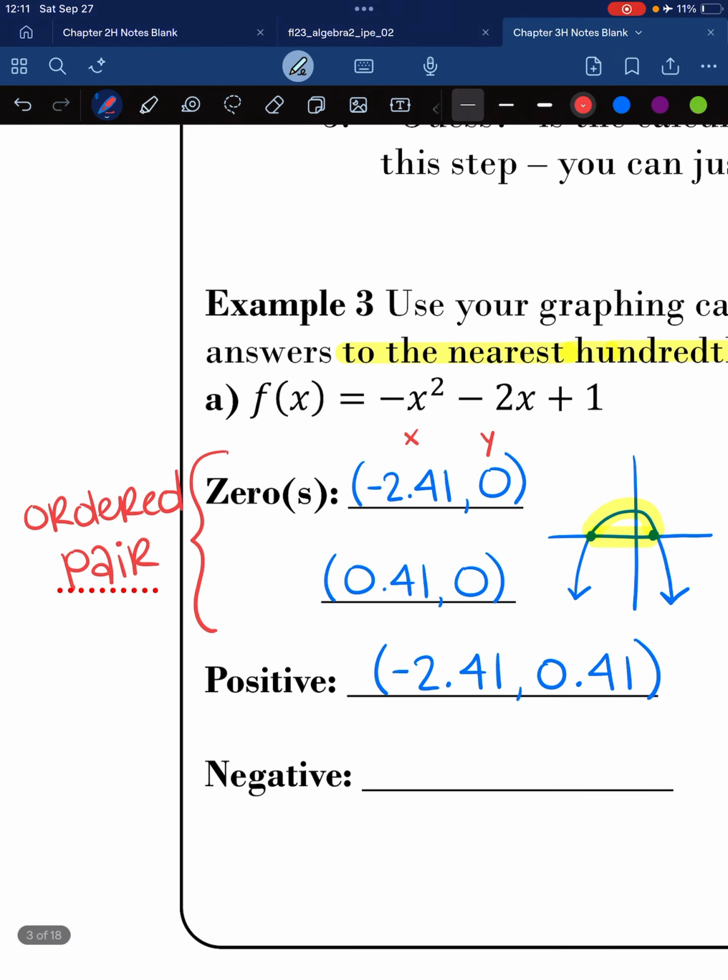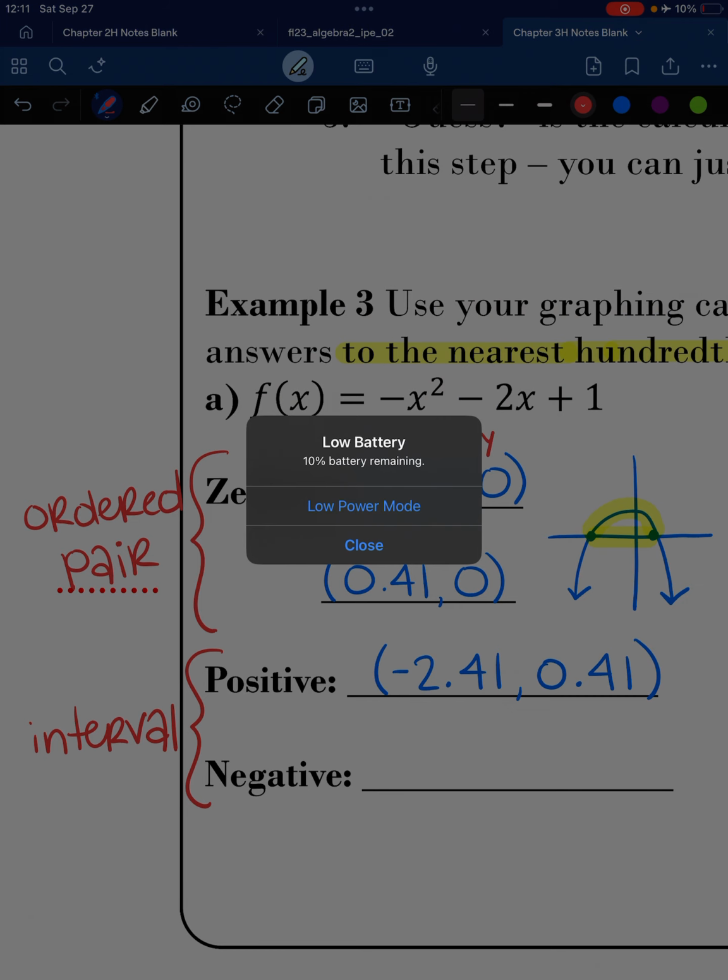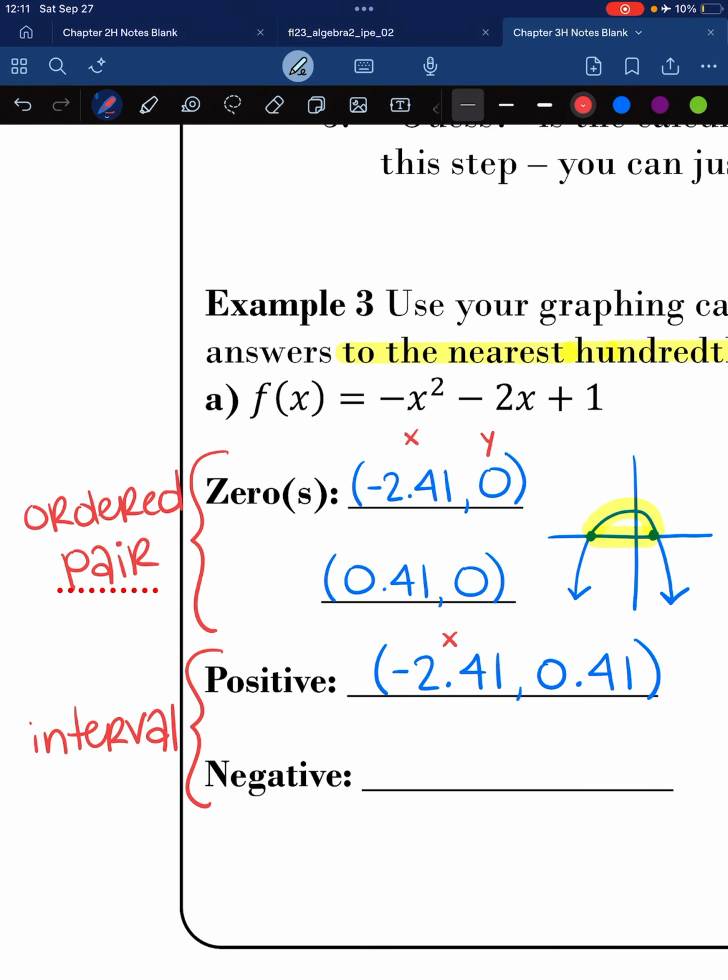Okay? For positive and negative, these two are going to be an interval. And especially when I use parentheses, they look exactly the same. It's kind of hard to tell, so that's why context is so important. I know that both of these are x values, and I'm saying it's an interval between these two x values.